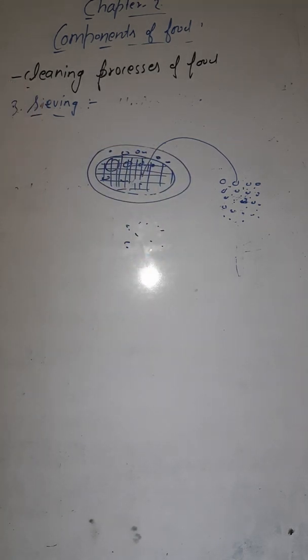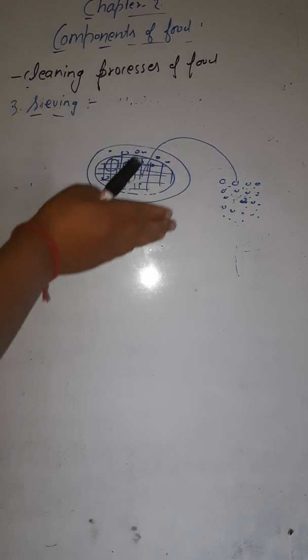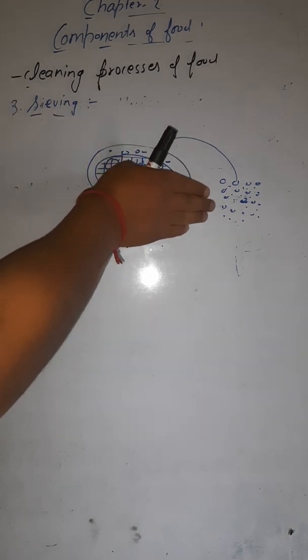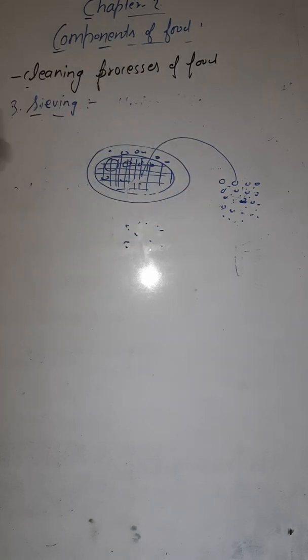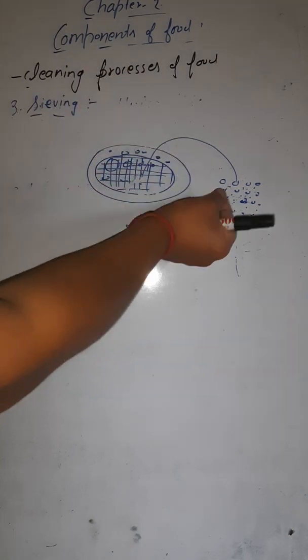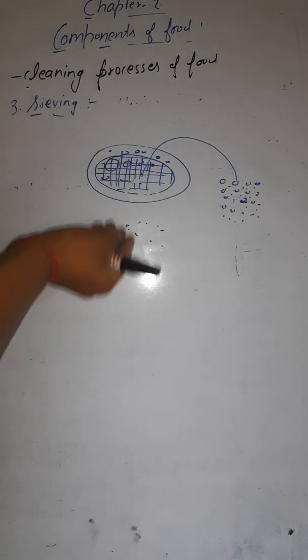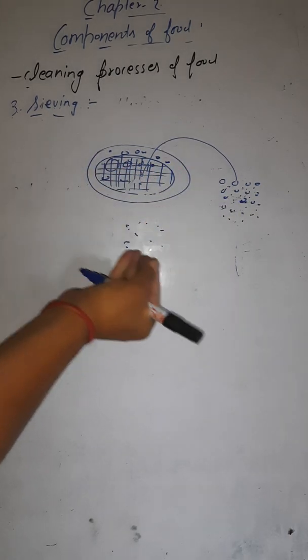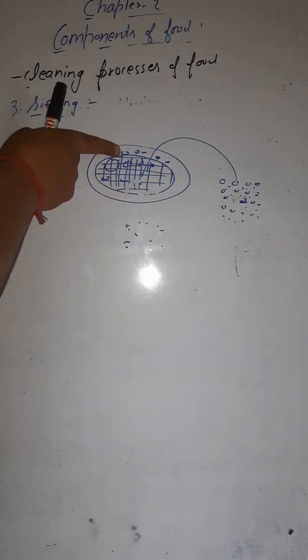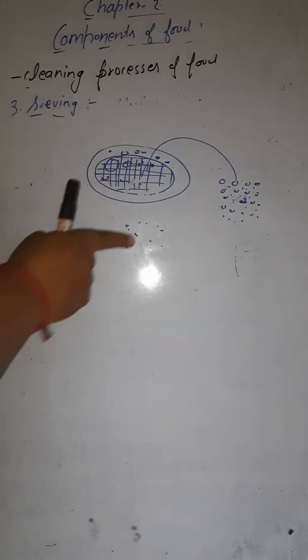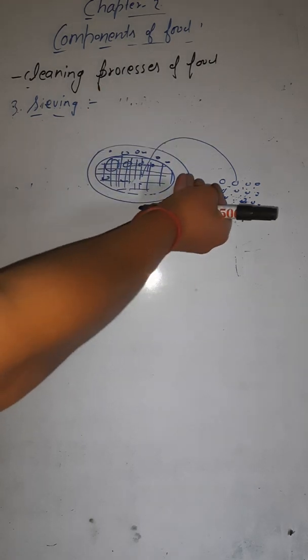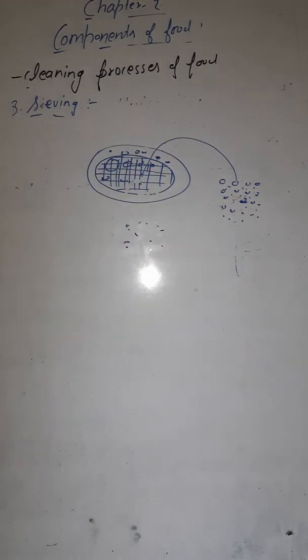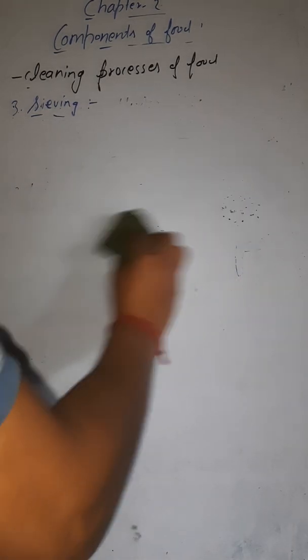So by the process of sieving, we can separate particles by their size. The particles with smaller size come down, and those with bigger or the same size remain up. So we can separate particles on the basis of size and numbers also. This process is called the sieving process.